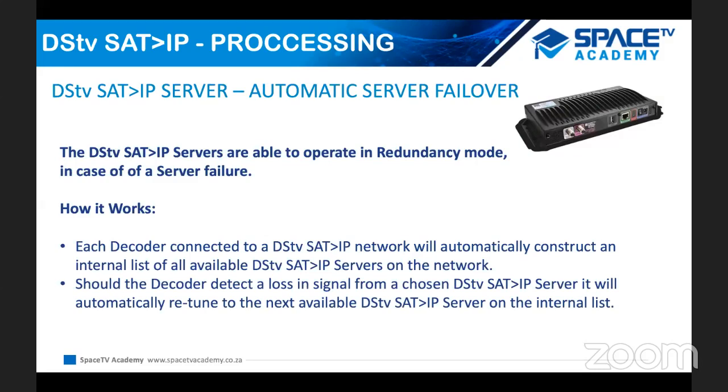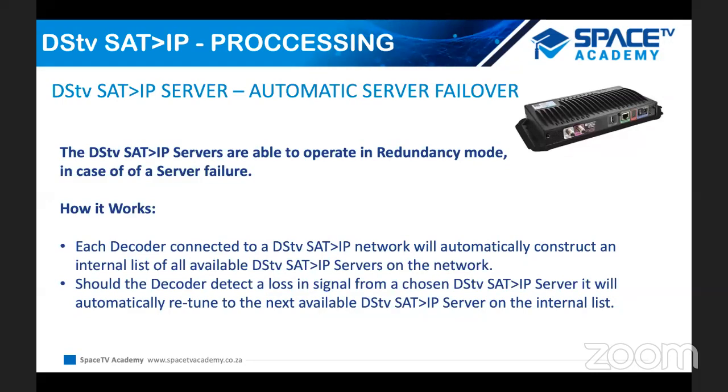It will then log onto a specific server of choice. Should the decoder detect a loss in signal from a chosen server, it will automatically retune to the next available server on its internal list, which means the server could have failed, but at least your guests will still have viewing and the channels will be alive.